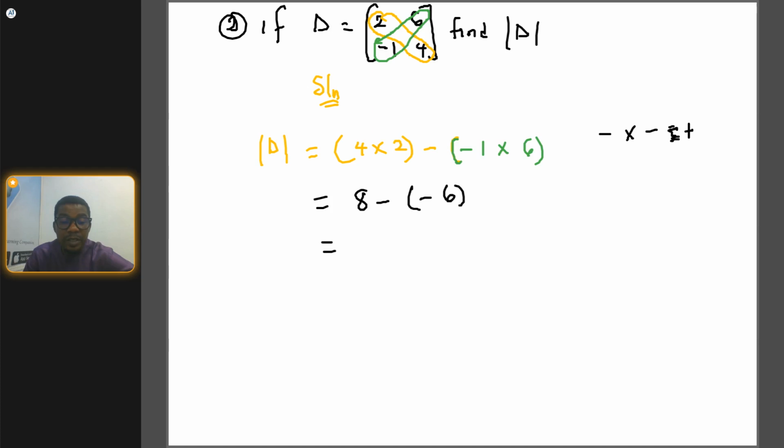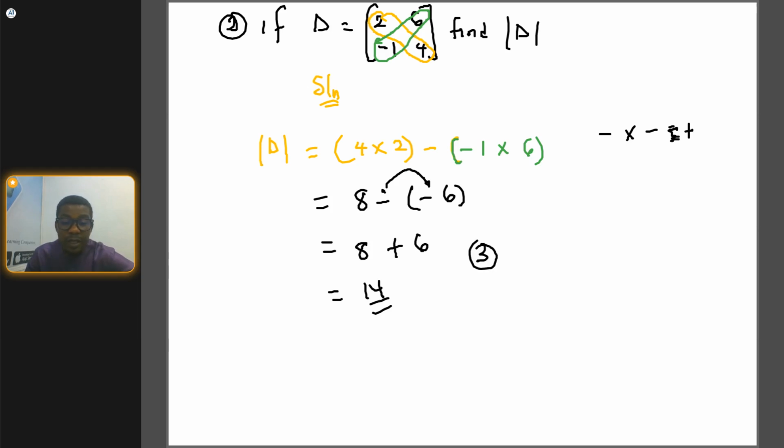Consider your bracket to be multiplication. So we have minus times minus, which gives us plus. So we're going to have 8 plus 6, and that will give us 14. So the determinant of the given matrix is 14.